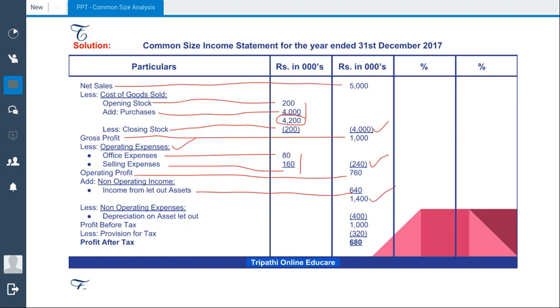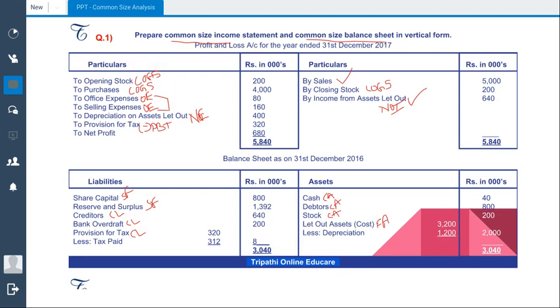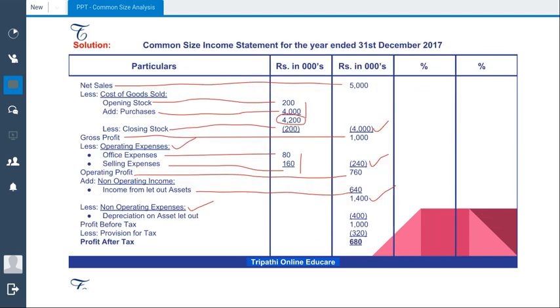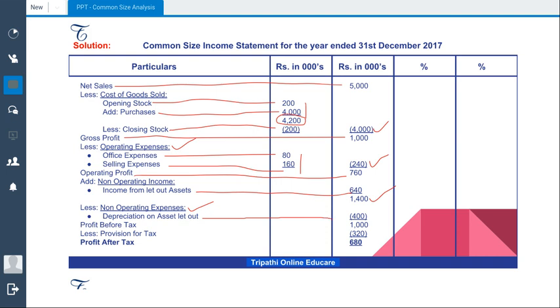Now from this 1400 you will have to subtract non-operating expense. So we have one non-operating expense over here in the problem, that is depreciation on asset let out 400. So this depreciation on asset let out will be subtracted from this 1400. You will get 1000. Now what is this 1000? This is our profit before tax, 1000.